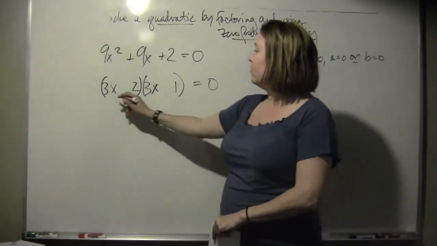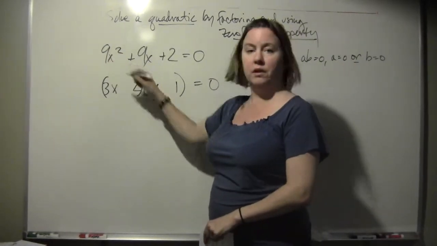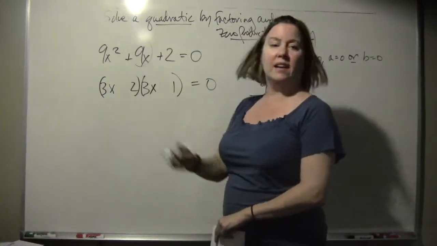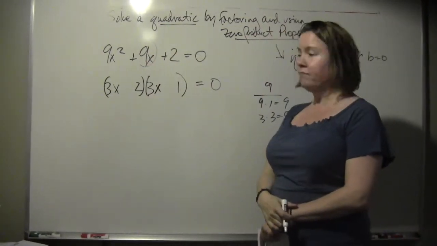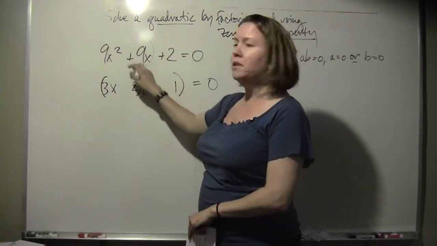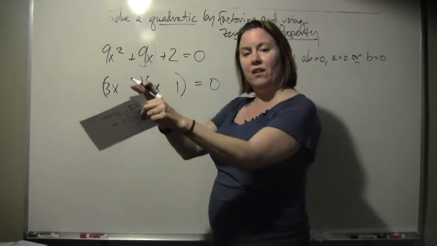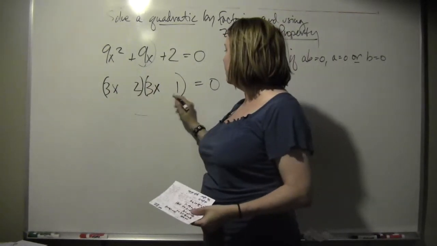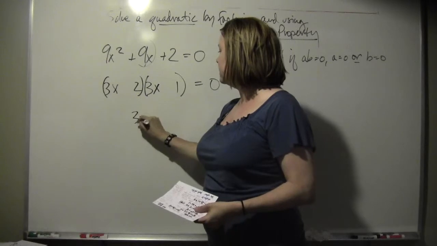And then, so right now we have the 9x squared and we have the 2. The secret is getting that middle term correct, right? So if we think about, remember this middle term is the result of the outer and the inner adding together. Okay, so the outer is 3x.